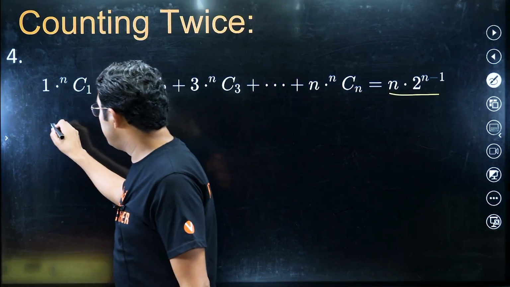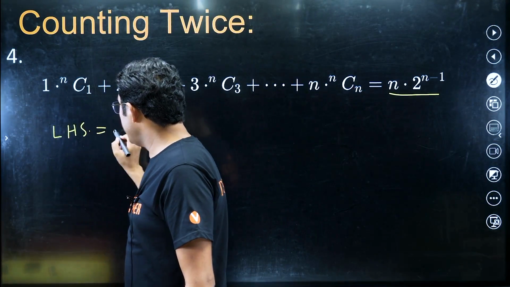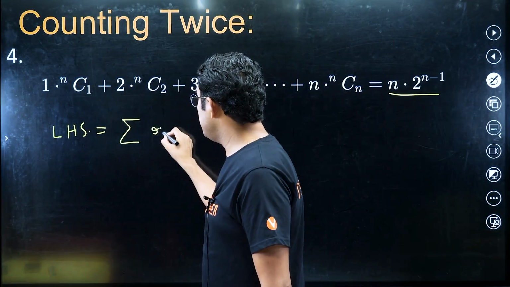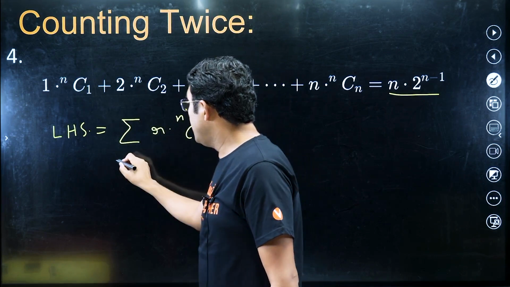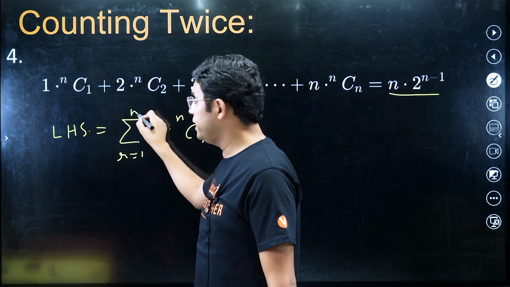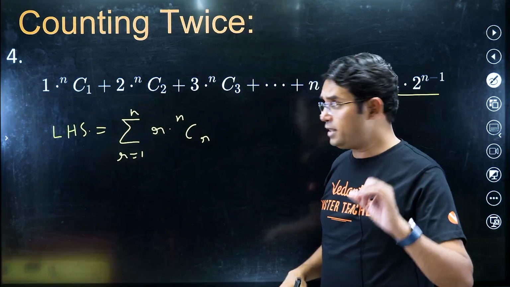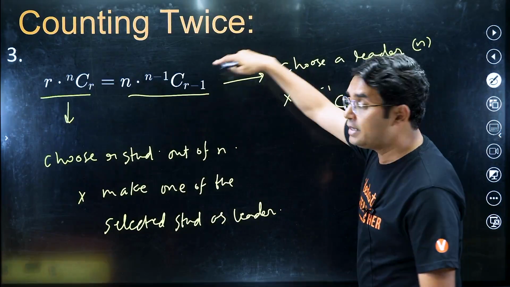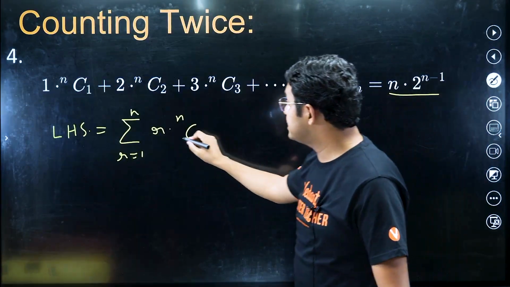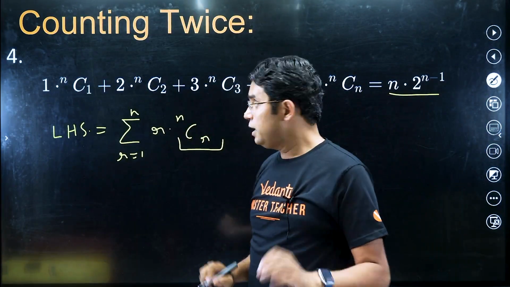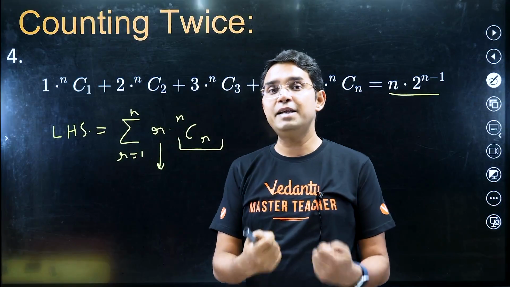Please see this left hand side. This is actually the summation of R into NCR, R from 1 to N. In this case, you can think of what I told about in property number 3, that we are selecting R students and then making one of them a leader.